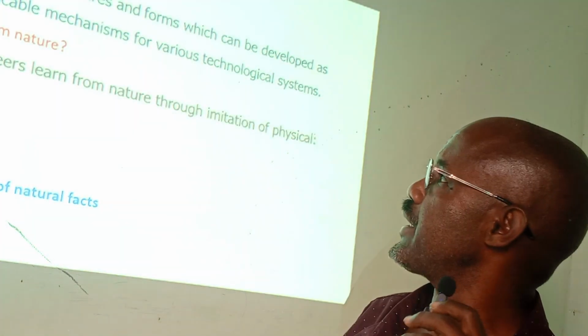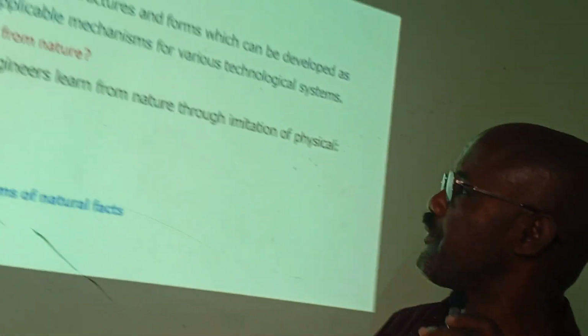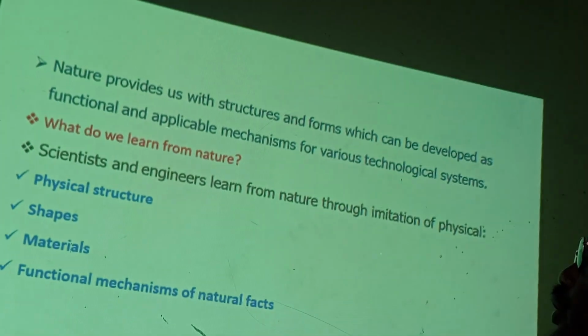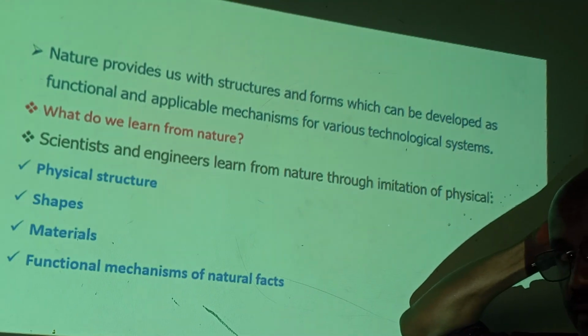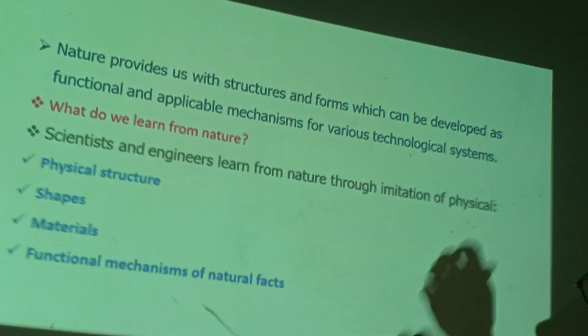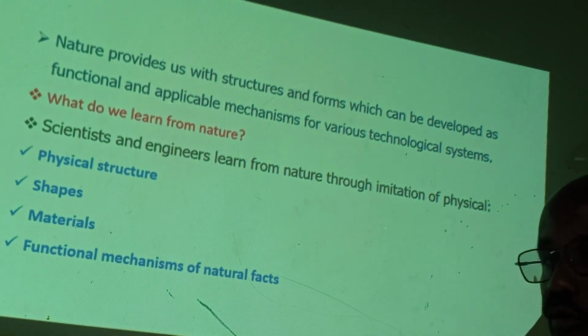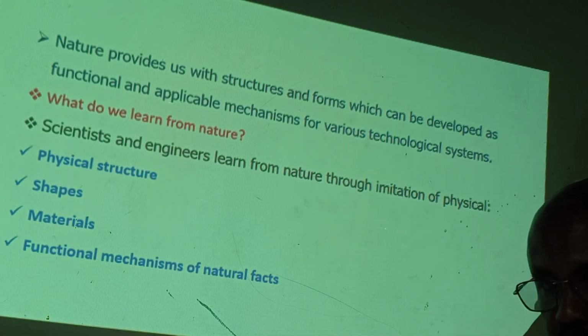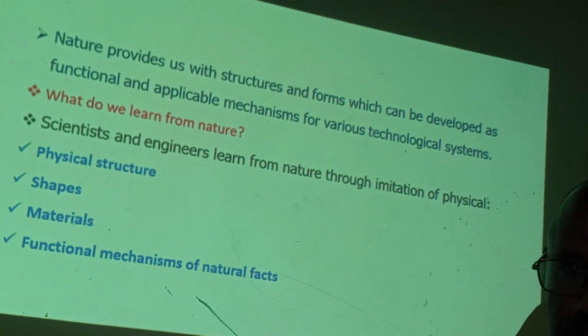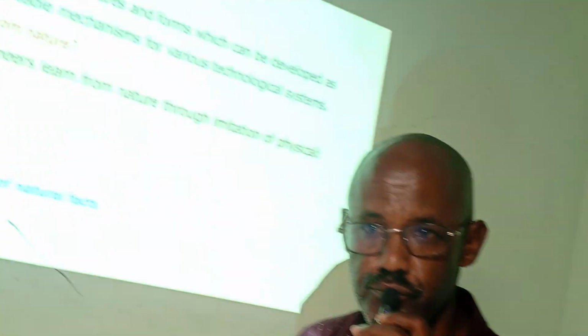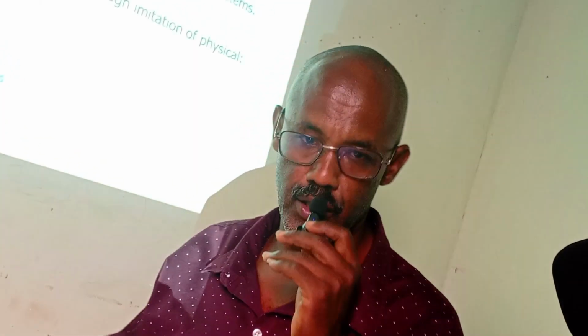Nature provides us with structures and forms which can be developed as functional or applicable mechanisms for various technological systems. There are robots built after observing how kangaroos jump, robots that can jump just like kangaroos. There are robots which can roll and move just like worms or larvae of some insects.